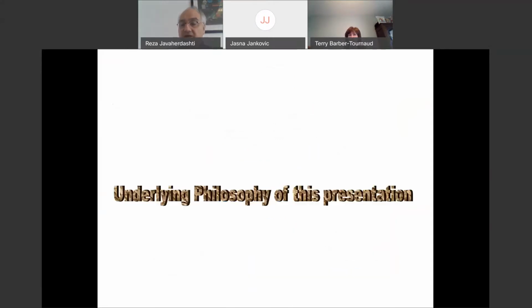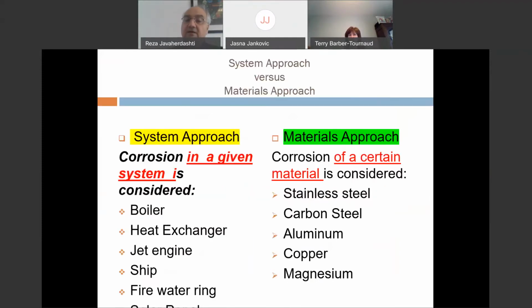Now, the underlying philosophy of this presentation. You see, when we talk about corrosion management, we could have basically two approaches. One approach is the system approach, and another one is the materials approach. What do we mean by that?